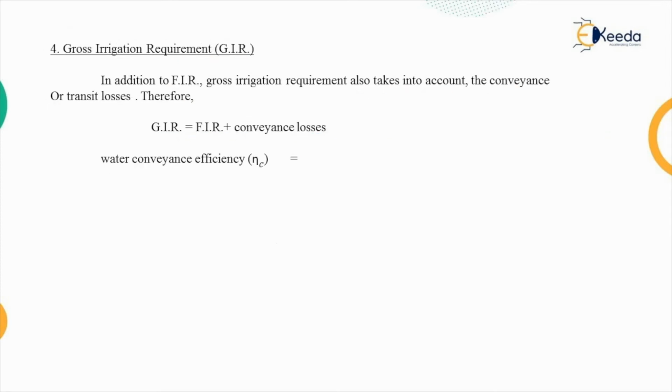Moving on to the next one, that is the gross irrigation requirement. In addition to the field irrigation requirement, the gross irrigation requirement also takes into account the conveyance losses or the transit losses.